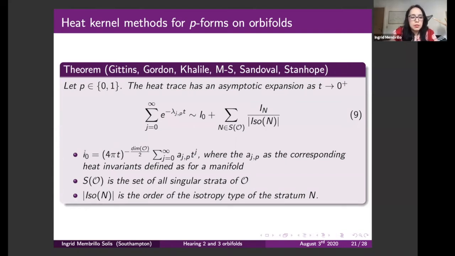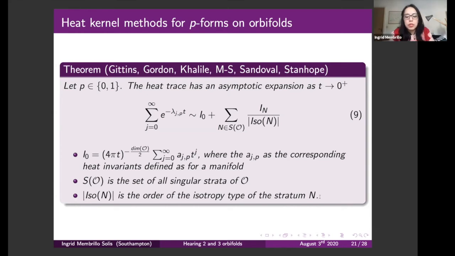As I said, I naught encodes all the heat invariants defined as for manifolds. And here SO denotes the set of all singular strata of the orbifold, and iso n bar is just the order of the isotropy type of the stratum n.